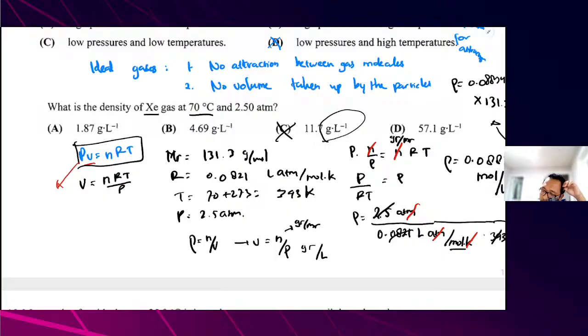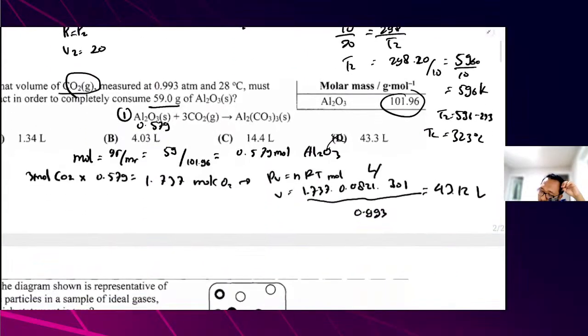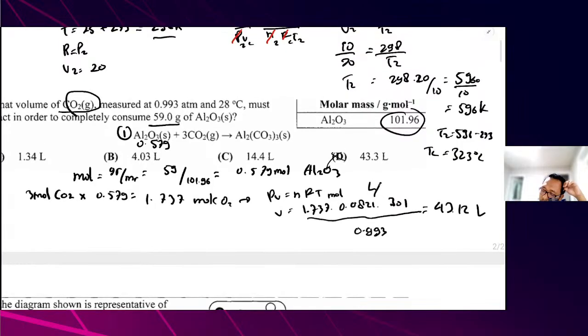I don't remember exactly, however it will be in liter atm per mole Kelvin. It will be in the ACS list. There is a table or box containing the information about the units, to help us get more information.